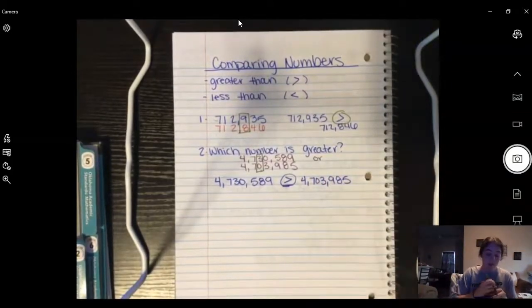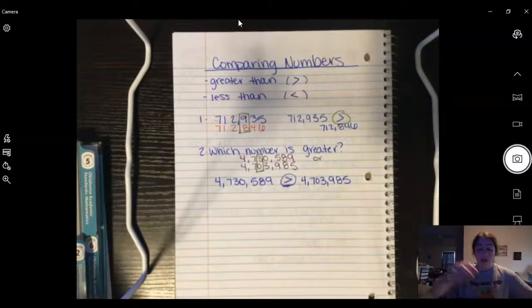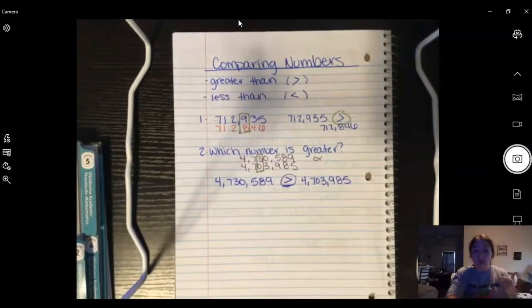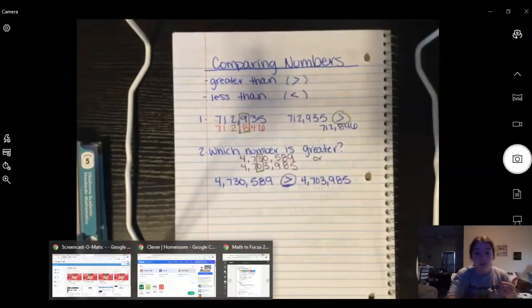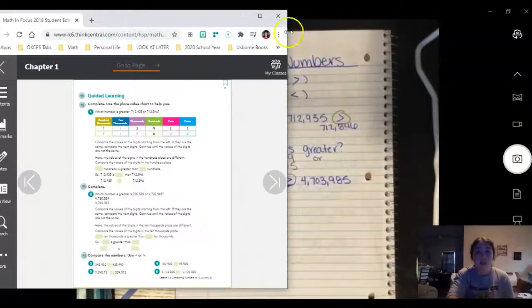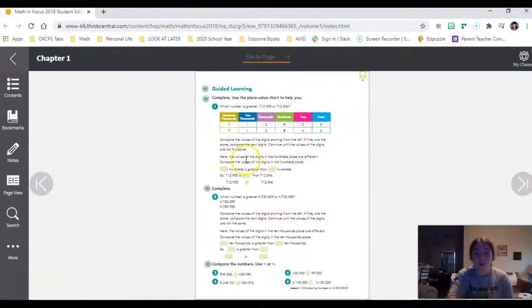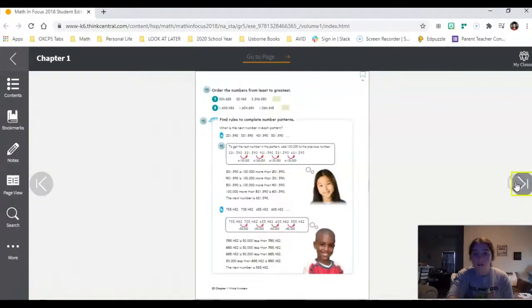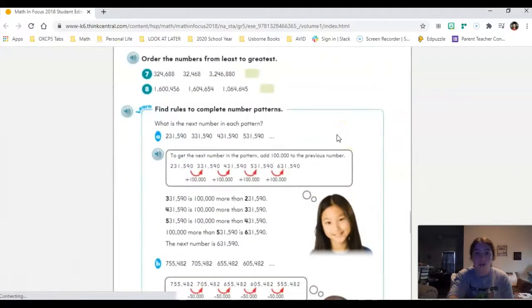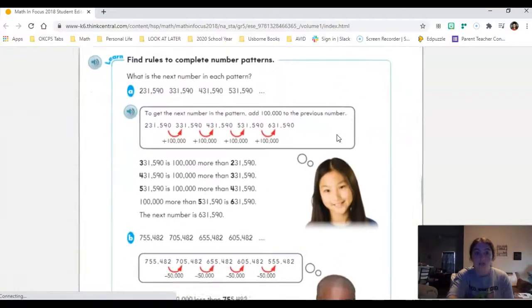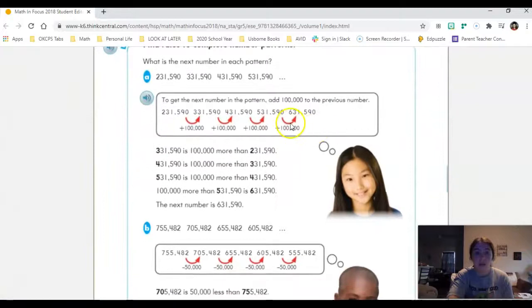All right, so now what I want to talk about is looking at a rule or finding a pattern when you see different numbers. So here we go. Finding the rules to complete number patterns.